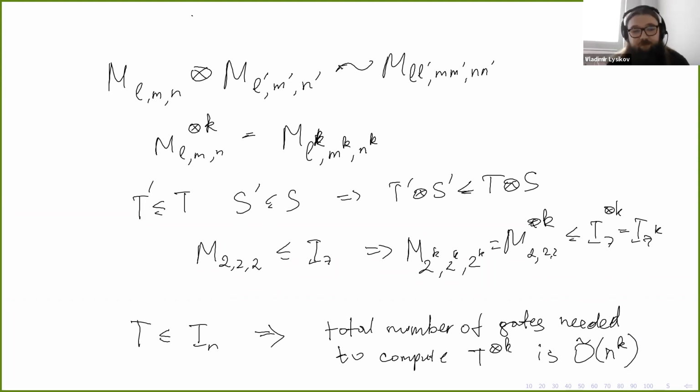And this is in essence how all the matrix multiplication algorithms work. They construct some bilinear algorithms for small matrix multiplication and amplify it to give an upper bound for large matrix multiplication.